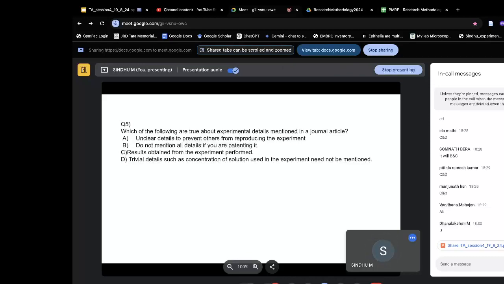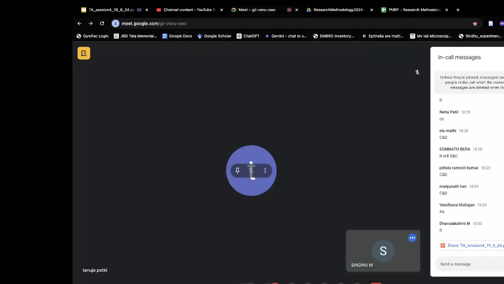And option C, the results will be there in the result section. And option D, trivial details such as concentration of solution used in the experiment need not be mentioned.